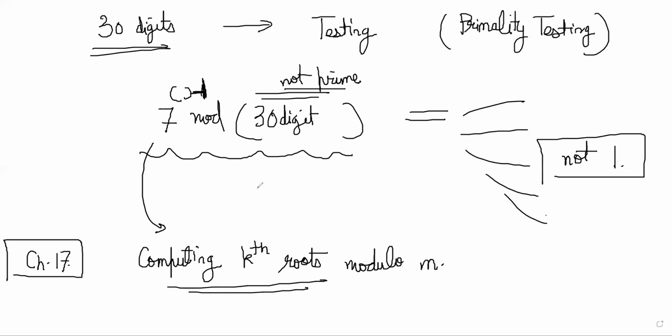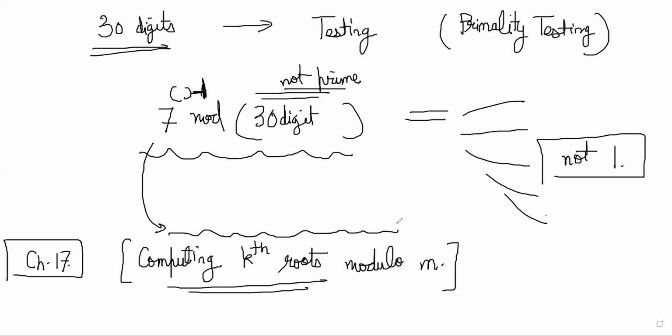Just now we were computing kth powers modulo m. Chapter 16 was about computing powers modulo m. Now you are computing roots modulo m. That also is a straightforward extension of the same method.